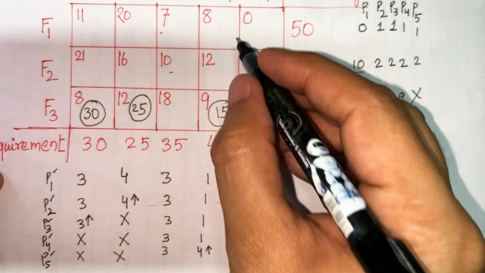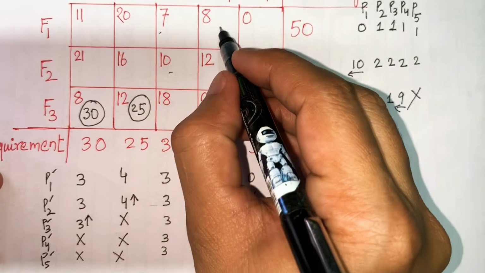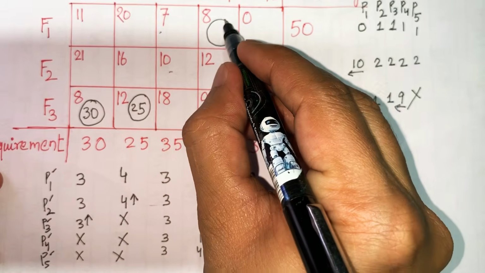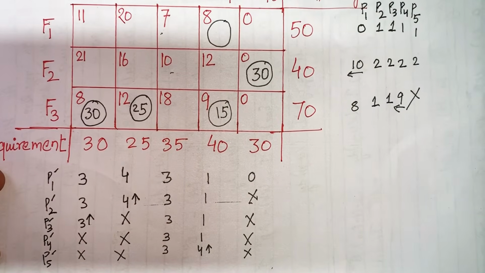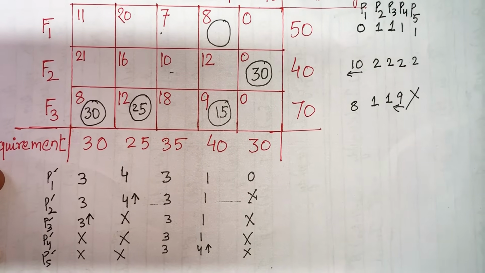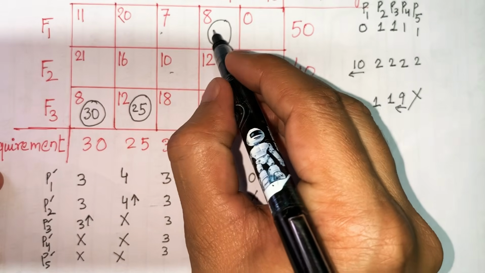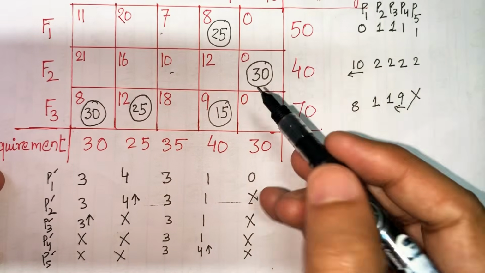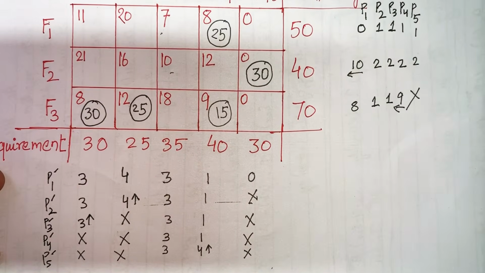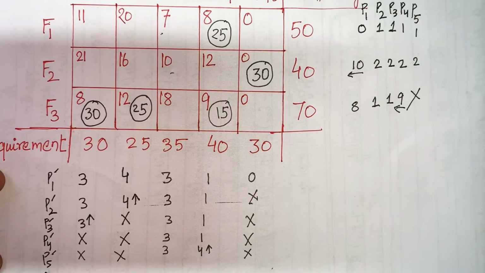What is the minimum cost cell now? 8 here, right here. So how many possible units I can ship? The market demands 40, out of which 15 are already shipped. I can only give 25 from here. Yes, they are available. So look at this. Now, I'm really done with this space.